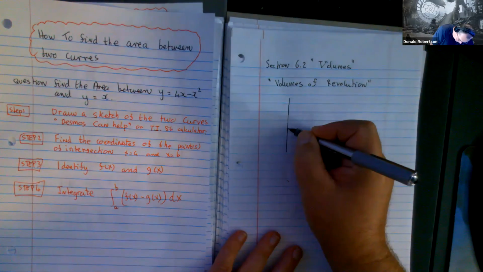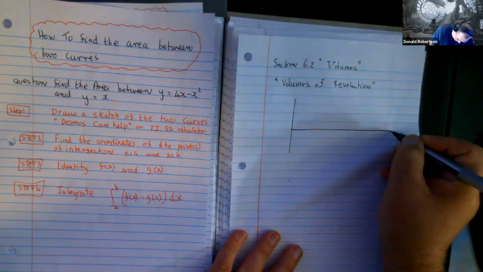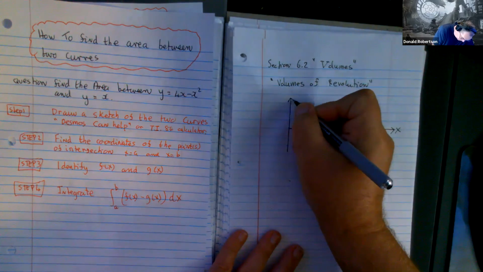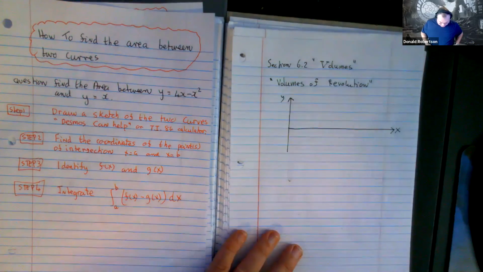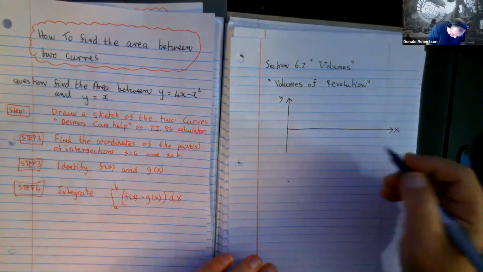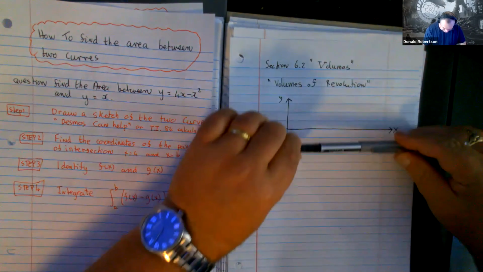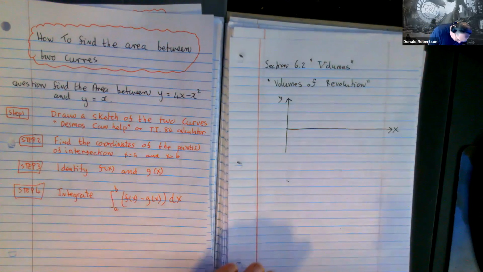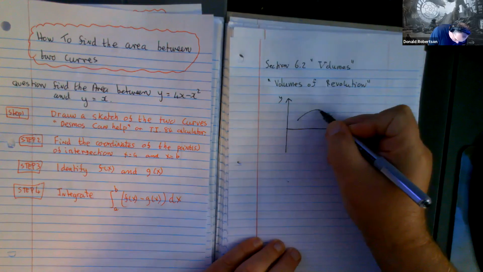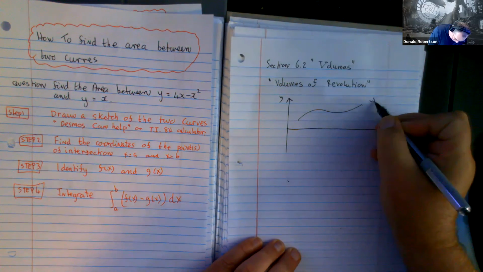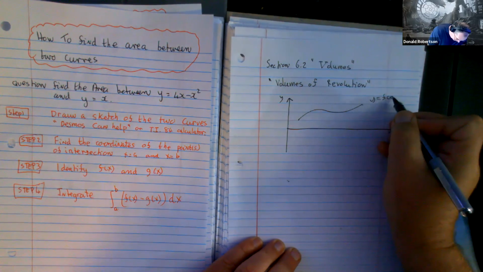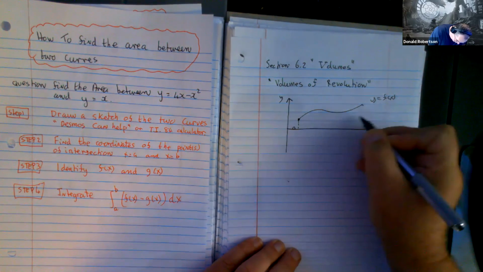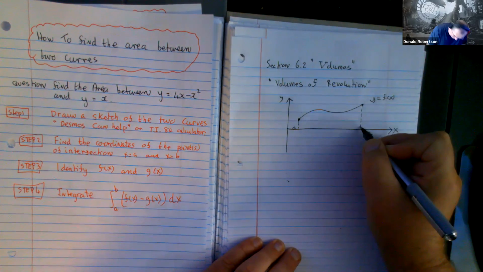So I want you to imagine, and if you're an engineer it's a little bit easier to imagine, that the x-axis is the center of rotation of an object. And I have a function called y equals f of x. And this function is going to start at x equals a, and it's going to finish at x equals b.